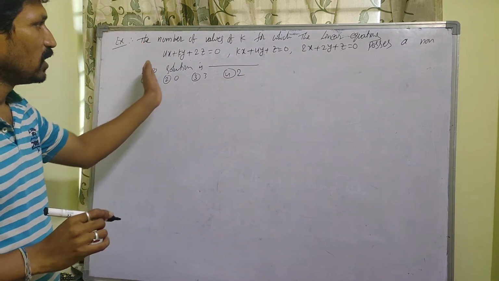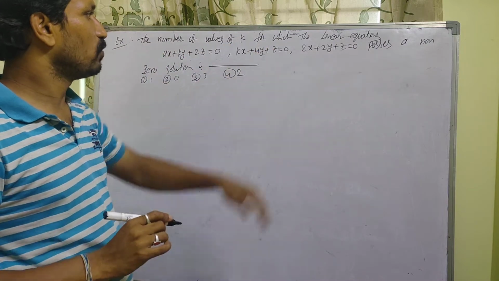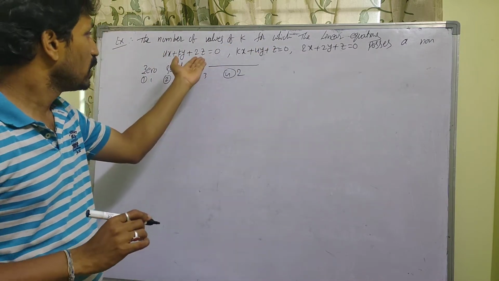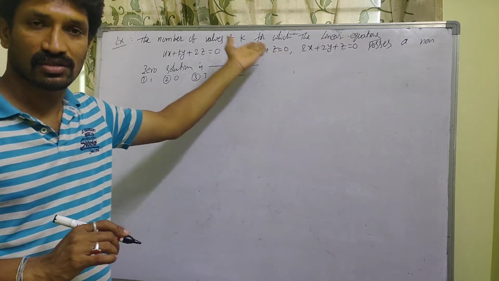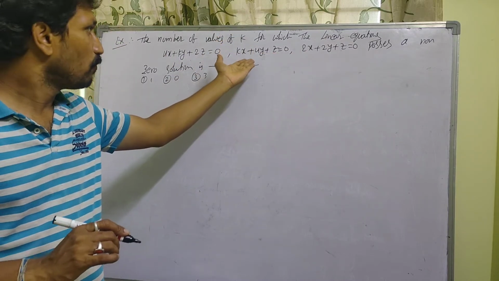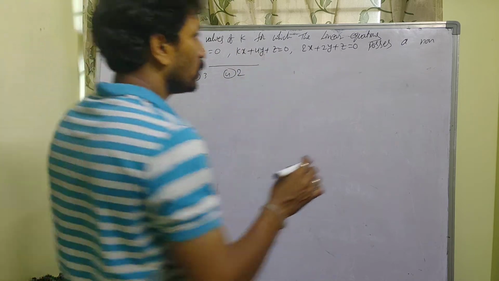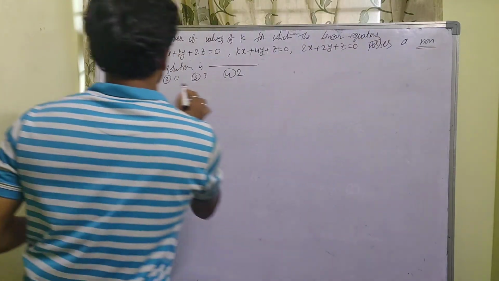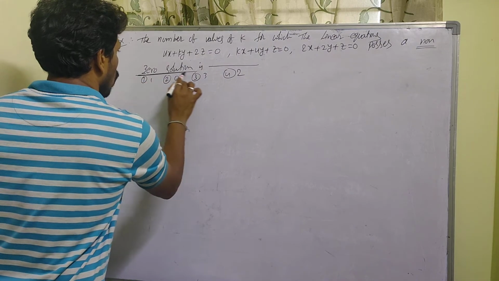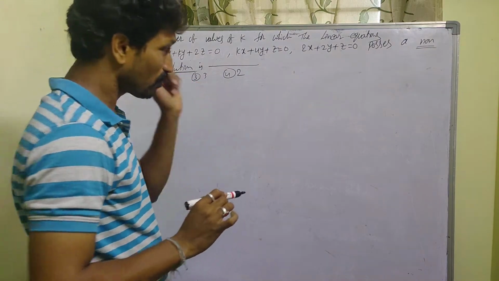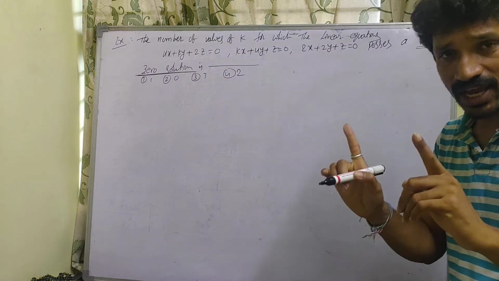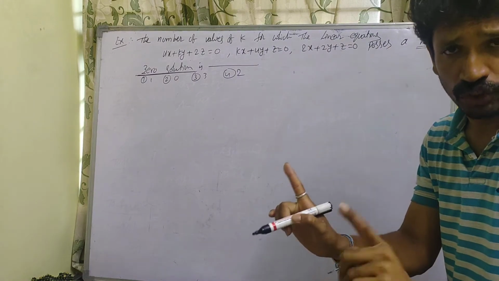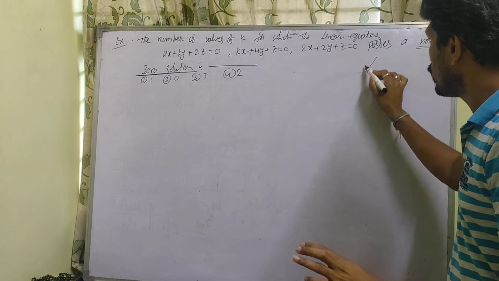See, here the question is the number of values of K for which the given linear equations possess a non-zero solution. First of all, there is no constant in these three equations, so these are a system of homogeneous equations. Possess a non-zero solution in the sense, if it has only a zero solution, that is nothing but a unique solution.